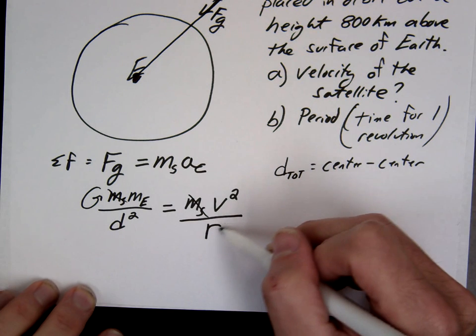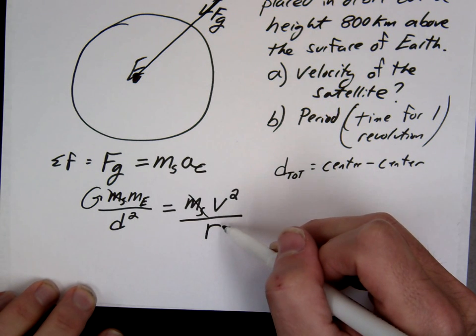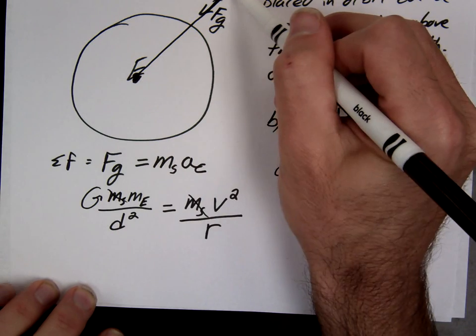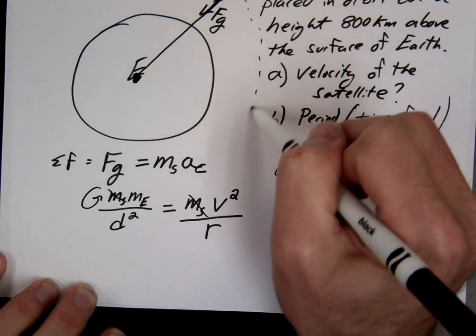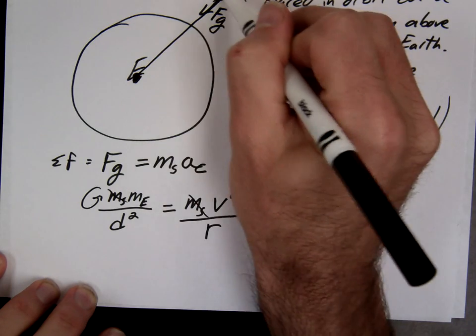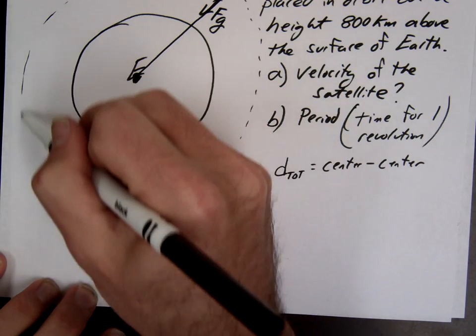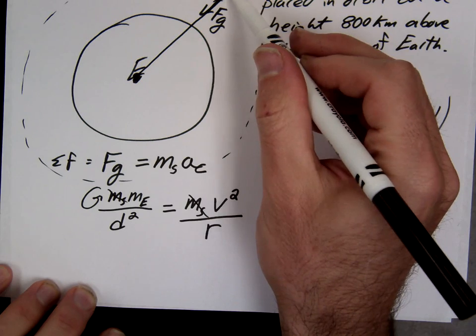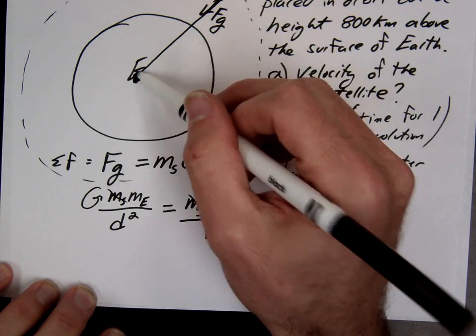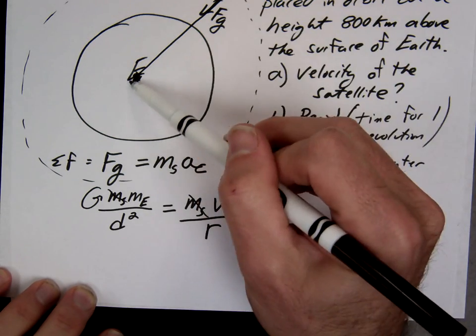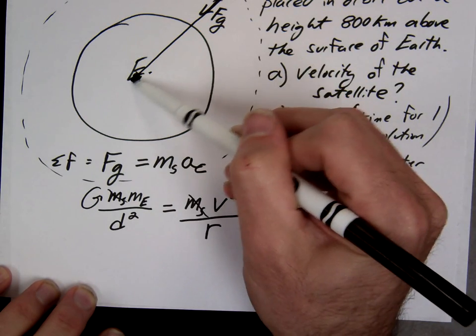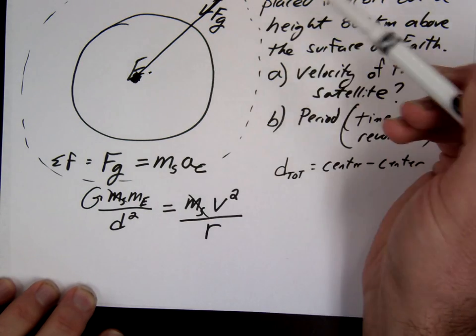What do we mean by the radius? So this would be the radius of our circle, right? Well, what's the relationship between the distance from center to center and the radius of our circle? They're the same. Good. So notice that the radius of the circle it's making is based on the center of the Earth to the center of the satellite.